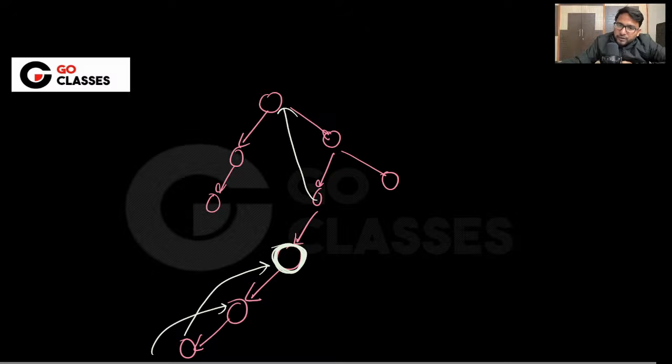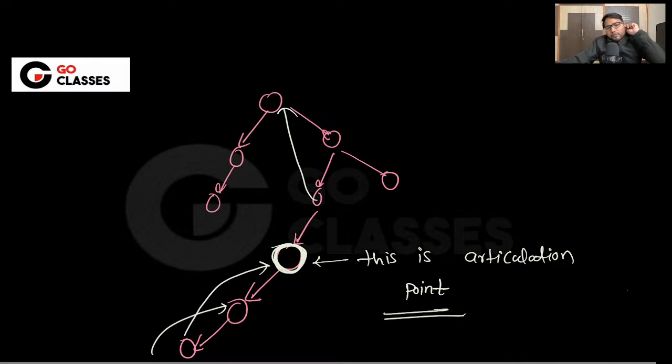Is this an articulation point? Tell me. Is there any descendant of it which has a direct edge from descendant to ancestor? No, right? So this is definitely an articulation point. Let me know if that is clear to everyone. There are no such edges, right?